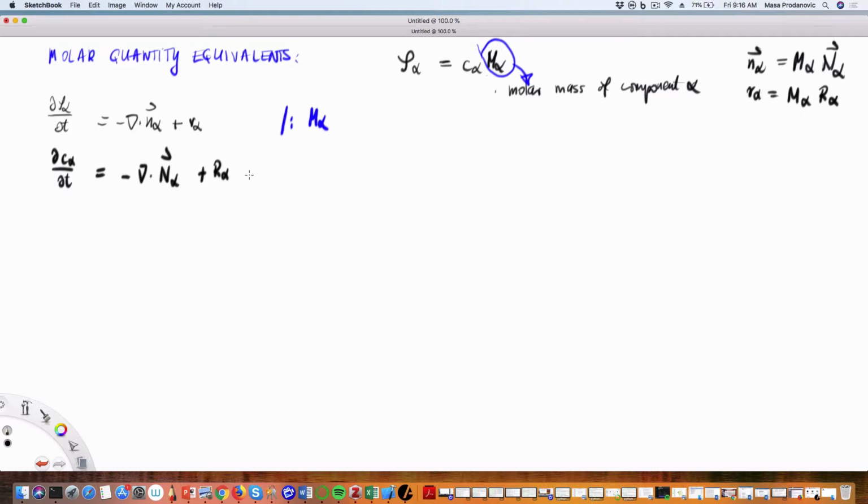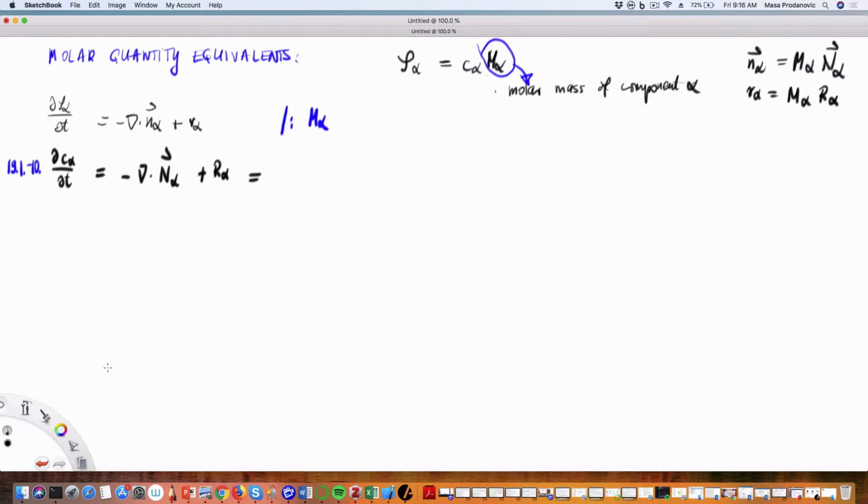Just to give you a hint where we are, I did post notes, but this is 19.1.10 in the textbook if you need to go look, because there will be a lot of these equations, so just to give you some anchor. That is in the notes I posted as well.